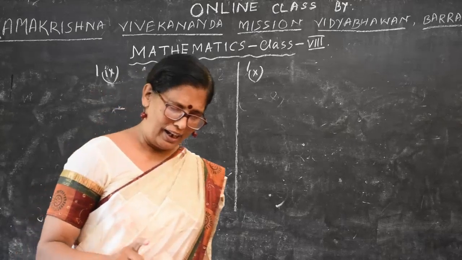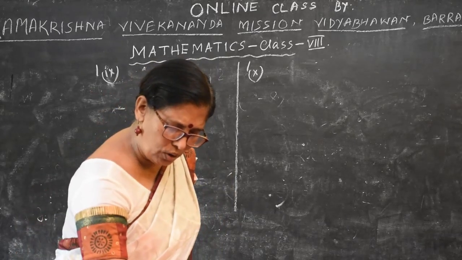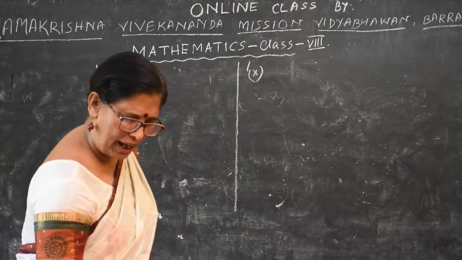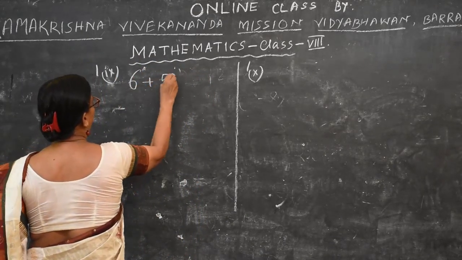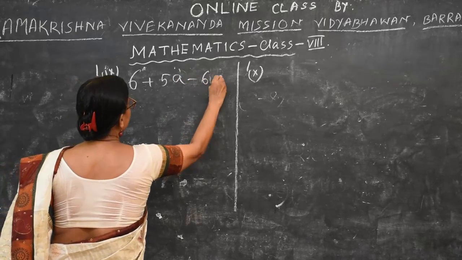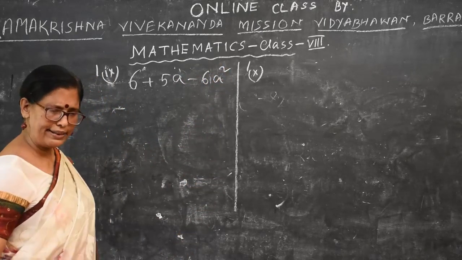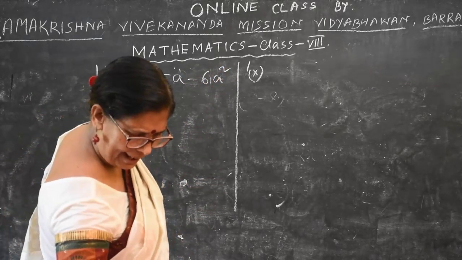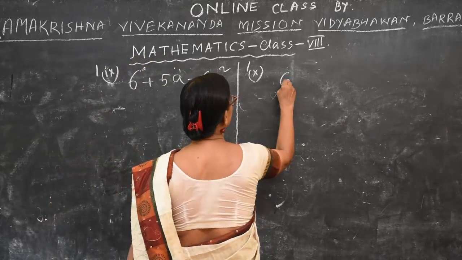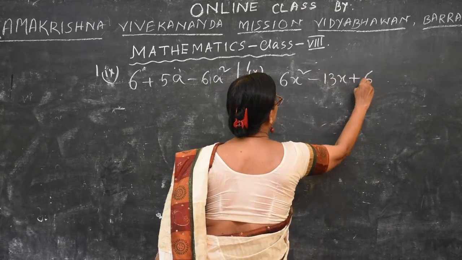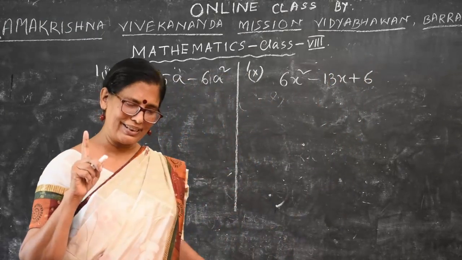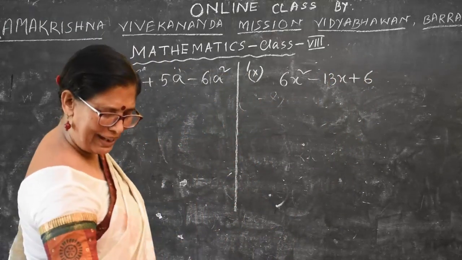You can know how we got this one. It is 6 plus 5a minus 6a square, and 6x square minus 30x plus 6. Both the sums are in the same chapter, side by side.